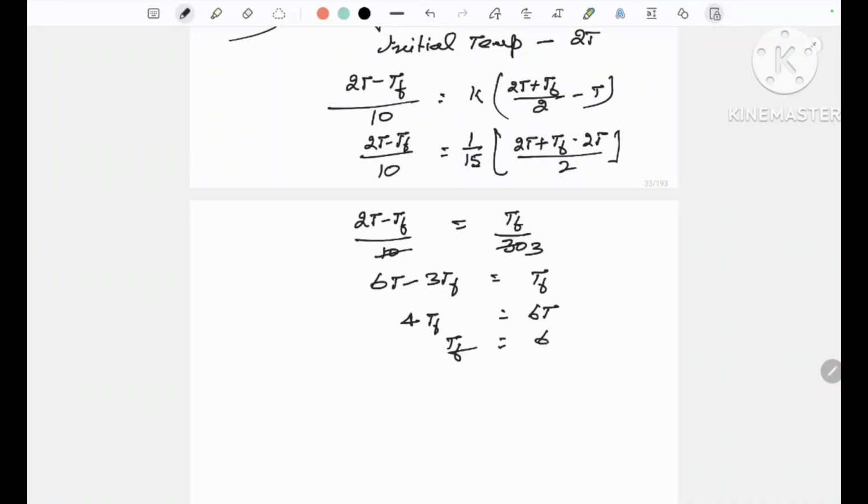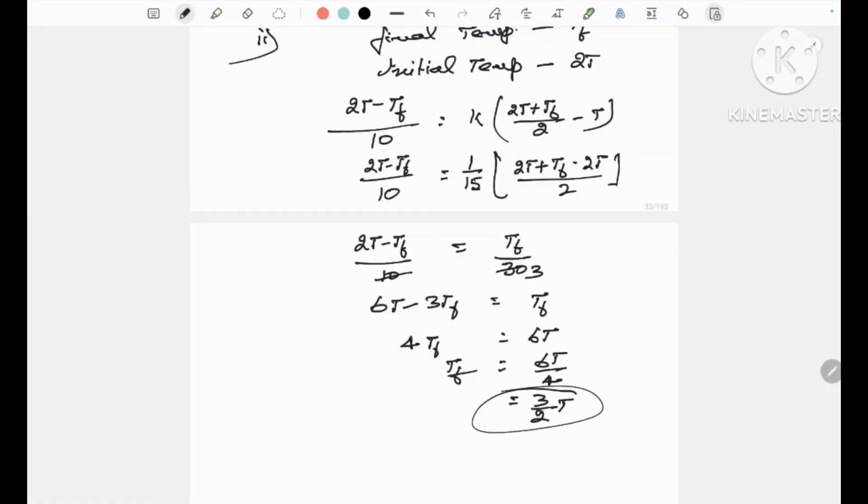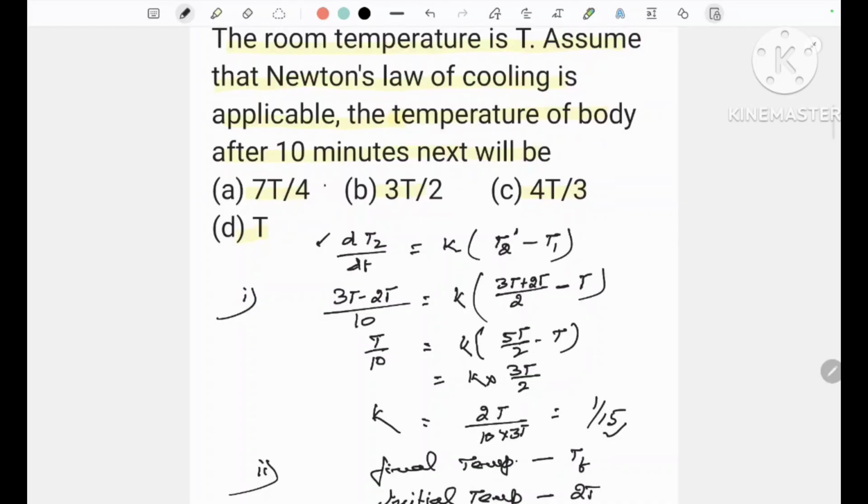T final will be 6T by 4, 3 by 2 T. Final temperature is 3T by 2, B is the correct option.